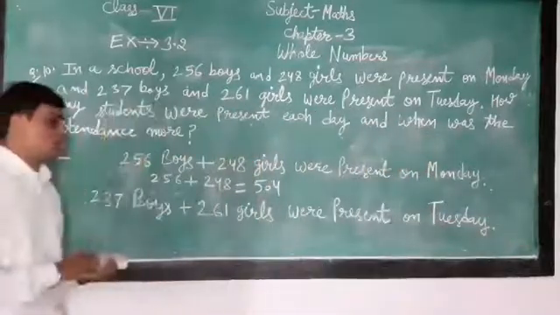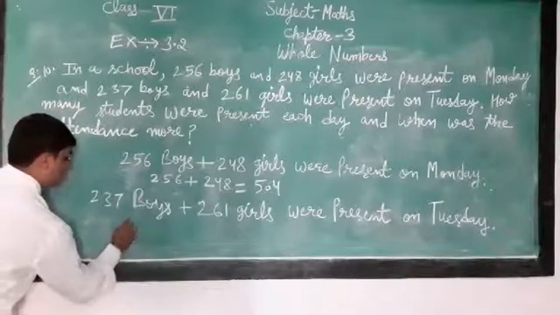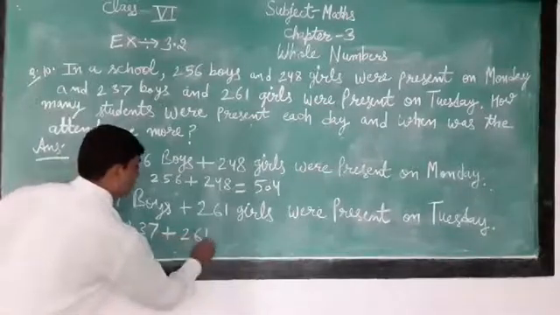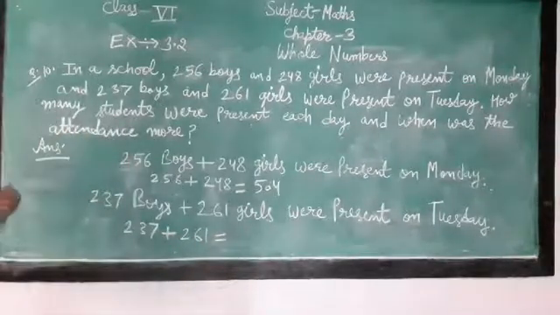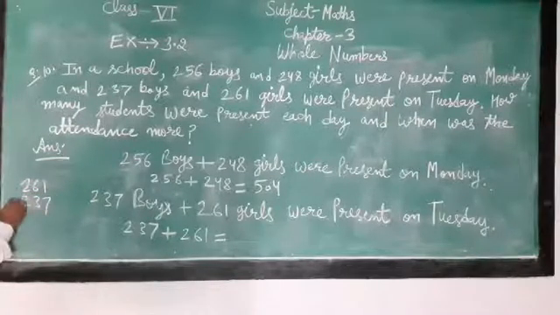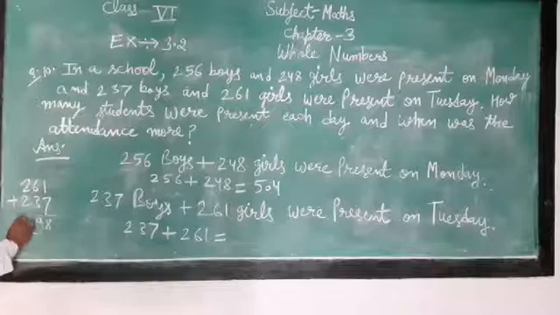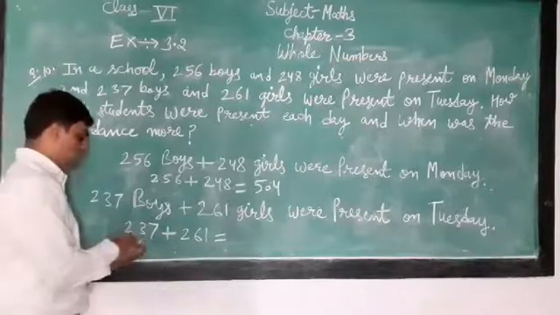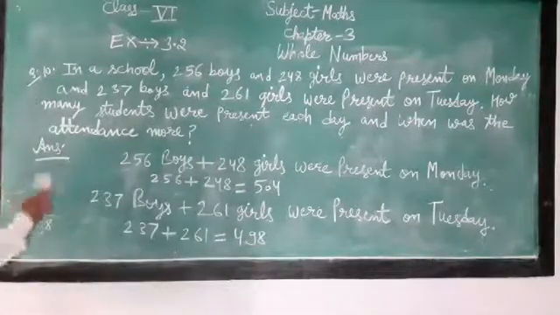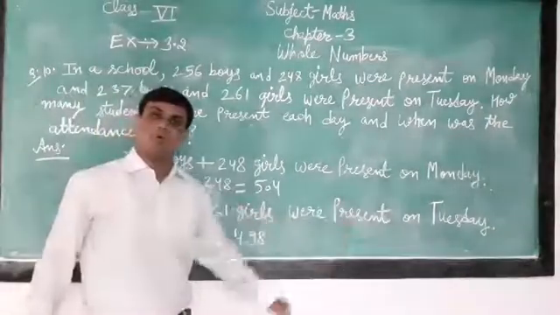Okay student, now addition is 237 plus 261. The addition is 7 plus 1, 8, 3 plus 6, 9, 498. Now addition is 498 were present on Tuesday.